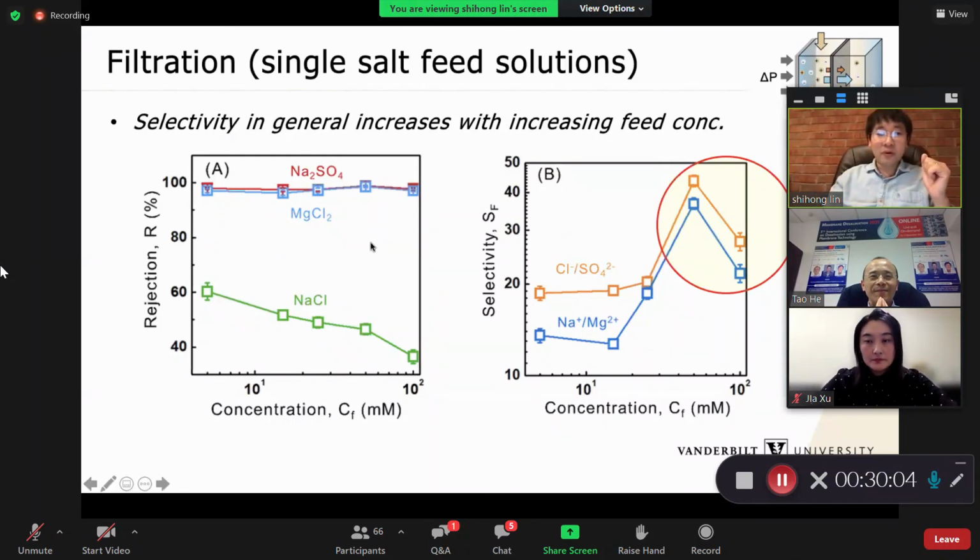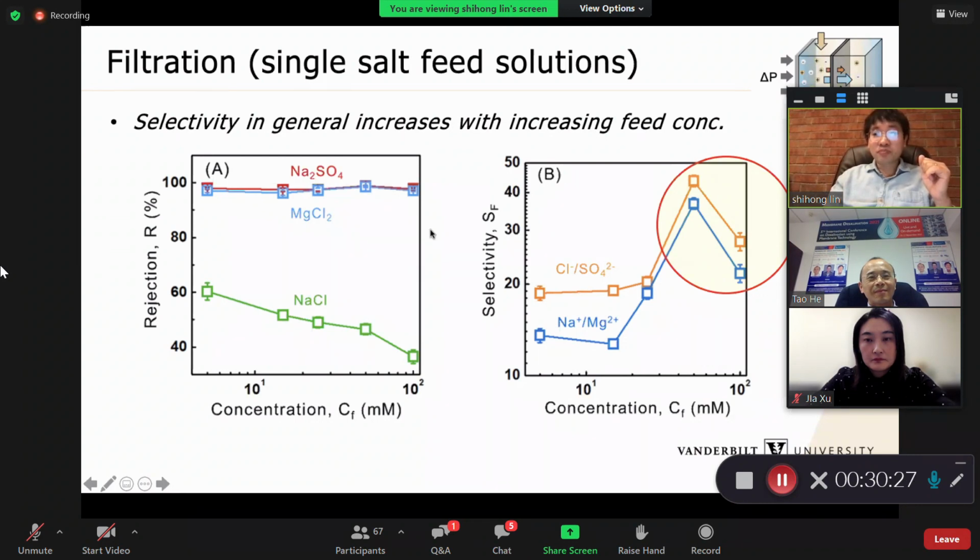Because, for example, if you look at these two separations here, for most applications we would actually prefer this one, where you have slightly less rejection of this species, but much less rejection of what you want to pass through. So here the purity is much higher, I would argue.